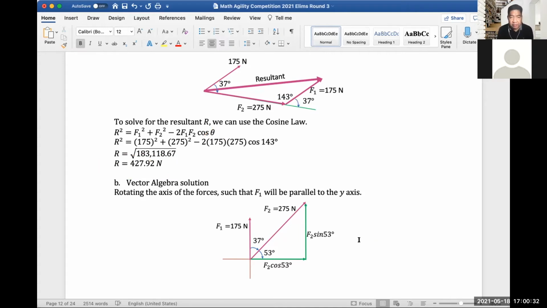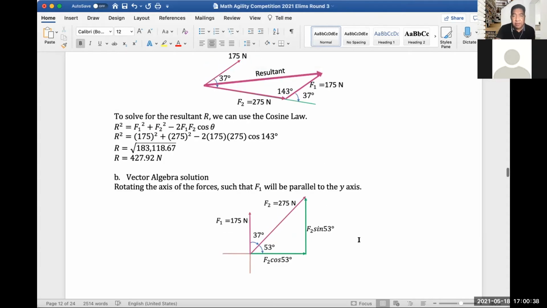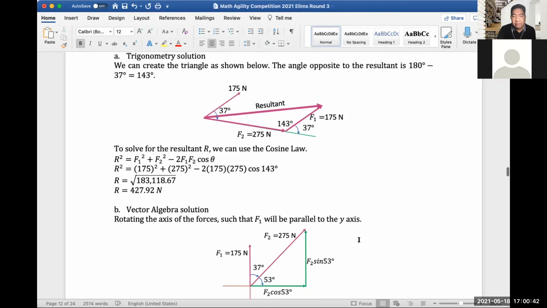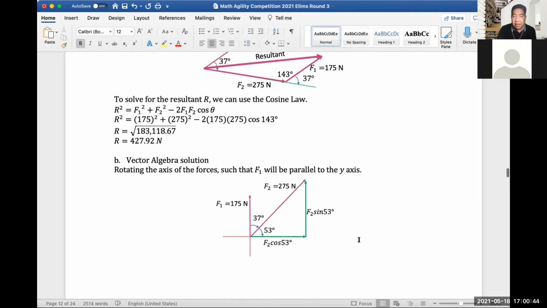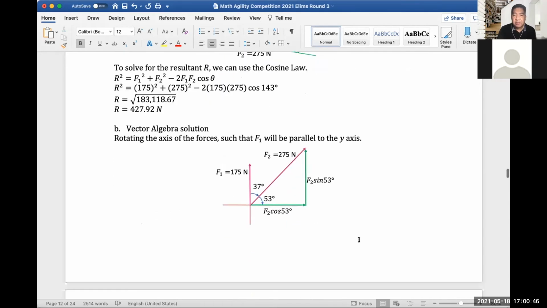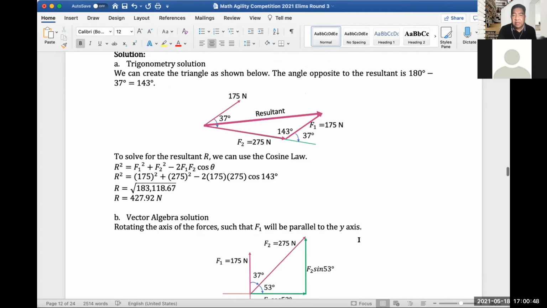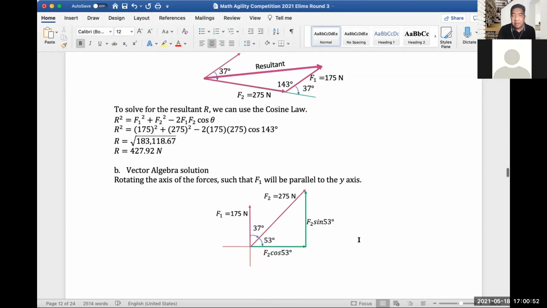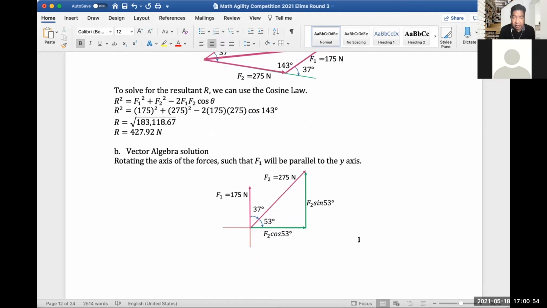Now let's do it by vector algebra solution. What I did here is I rotated the axis of the forces such that F1 will be parallel to the y-axis. I rotated it counterclockwise and then this will be the resulting force diagram here, right?